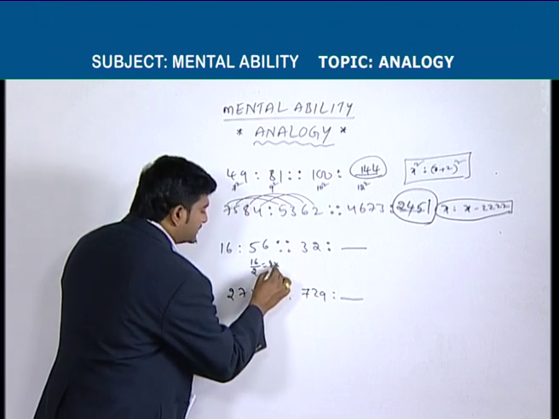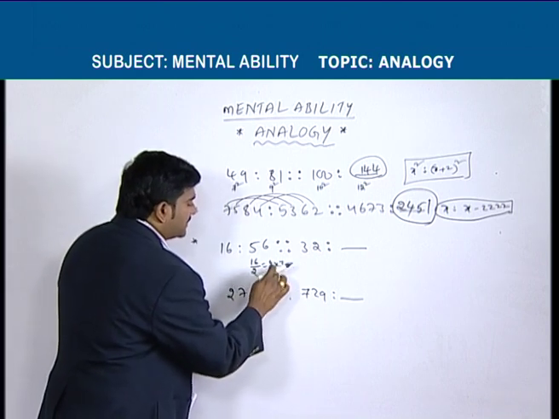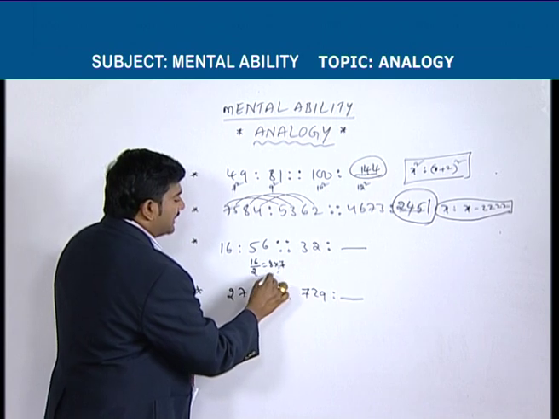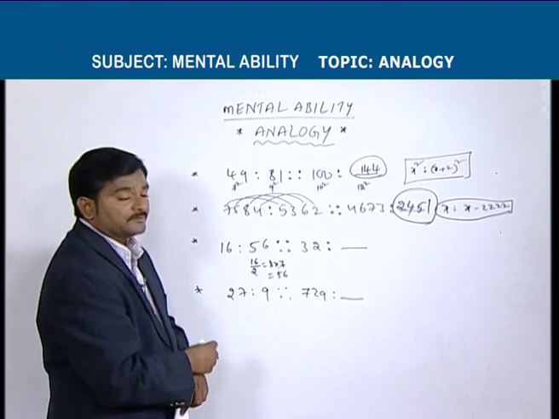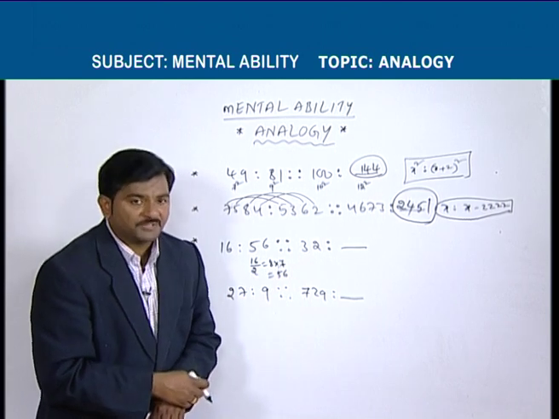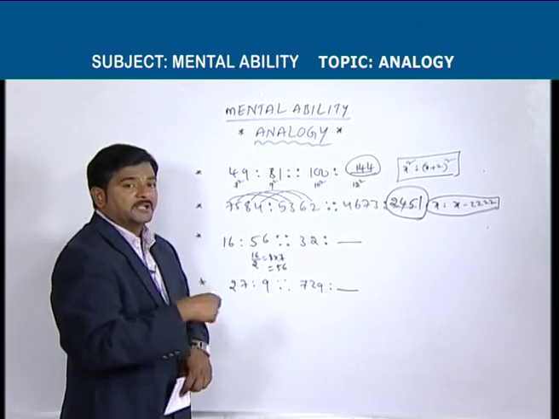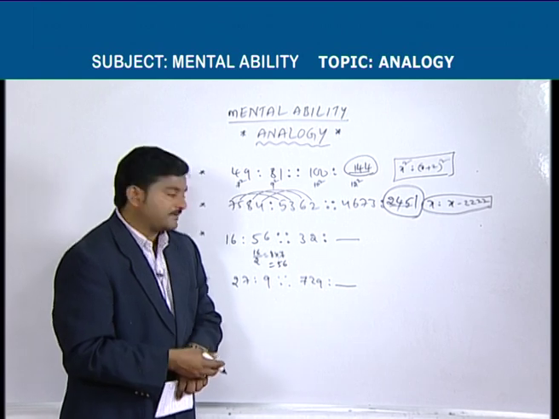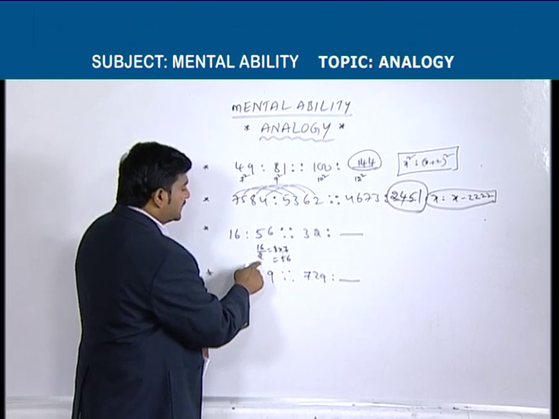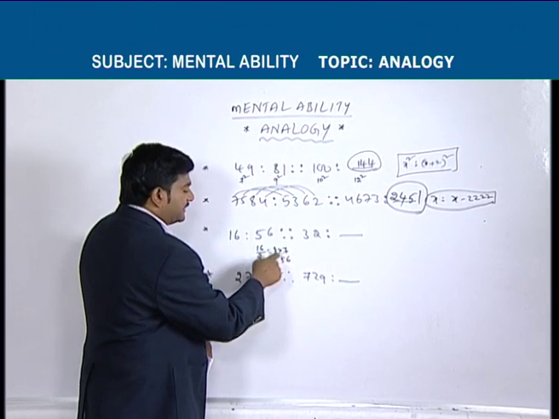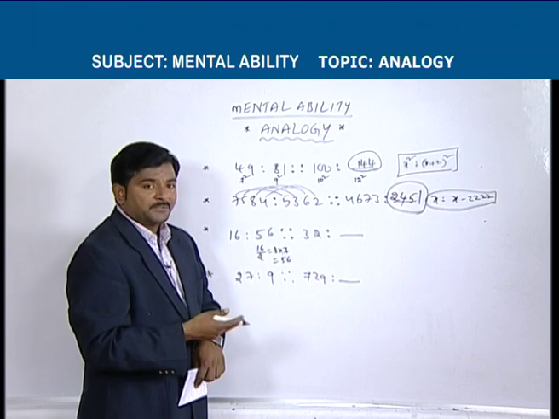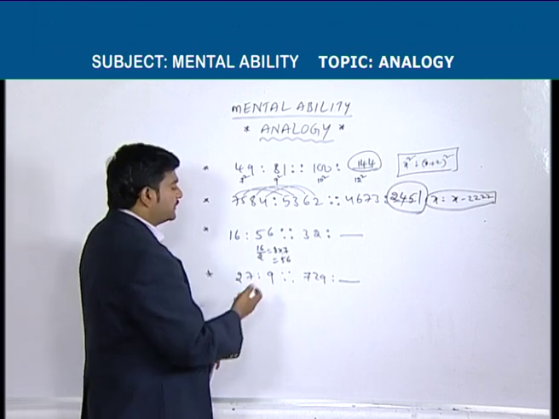So multiplying 8 with 7, 8 sevens are 56. What is the concept involved here? Doing half of this number and after getting that number, multiplying with 7. So 16 by 2 means 8, 8 multiplied by 7, I get 56. I hope you understood this concept.